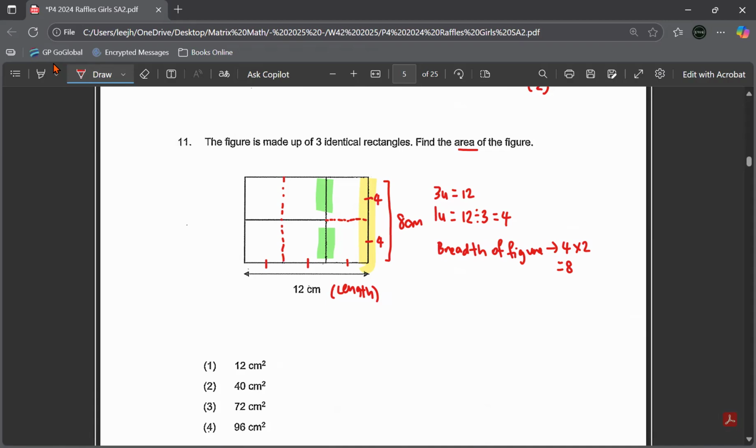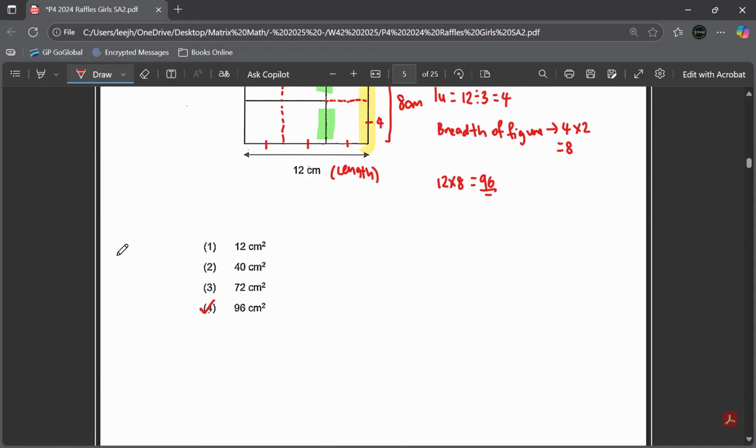Area means length times breadth. 12 times 8, 96 square cm. Option 4. So you just write bracket 4.